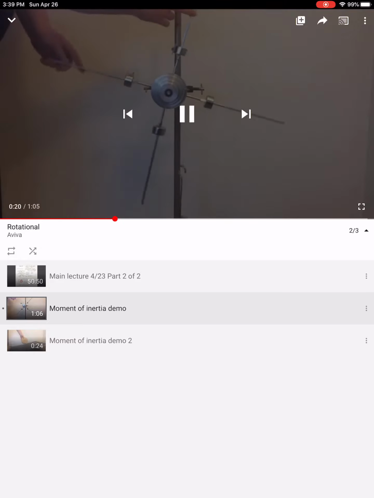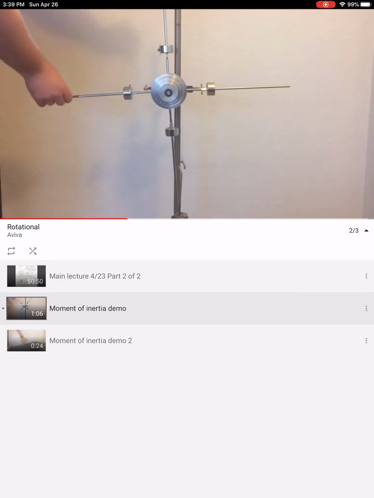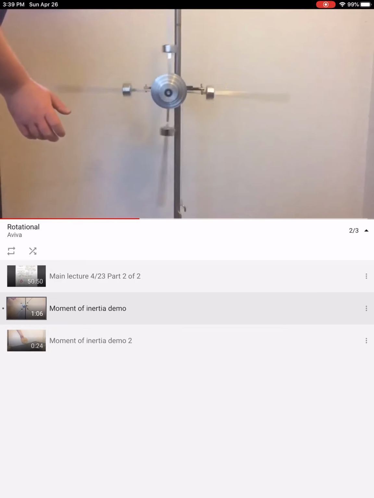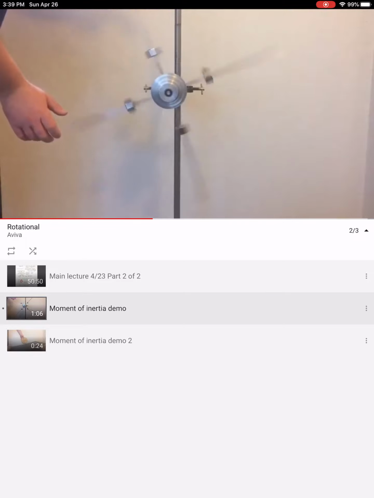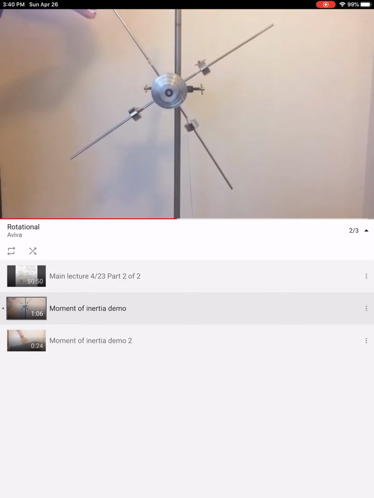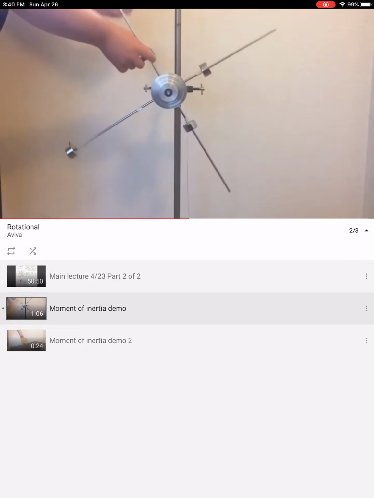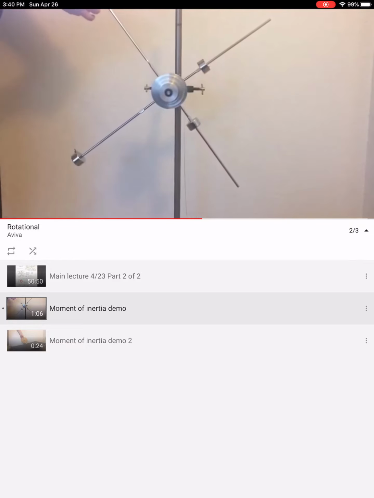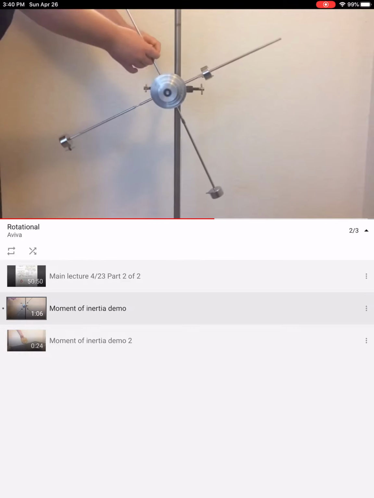So we'll wind it up and look at the rate of spin. Next, we'll increase the moment of inertia by adjusting the masses to the outermost point.